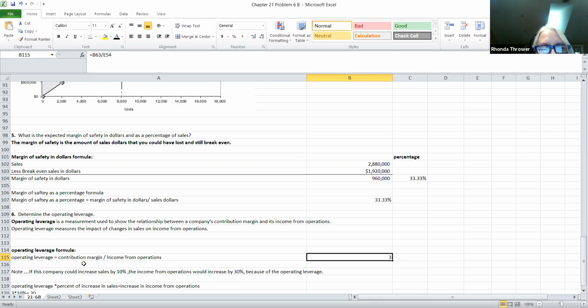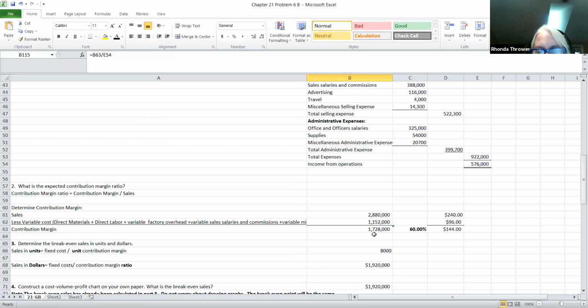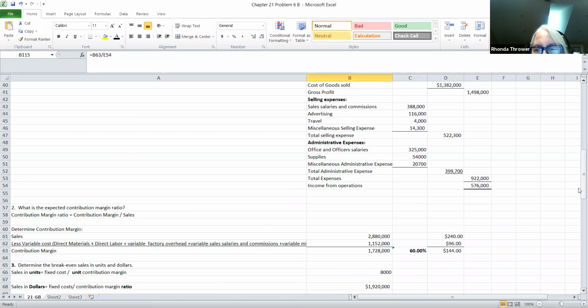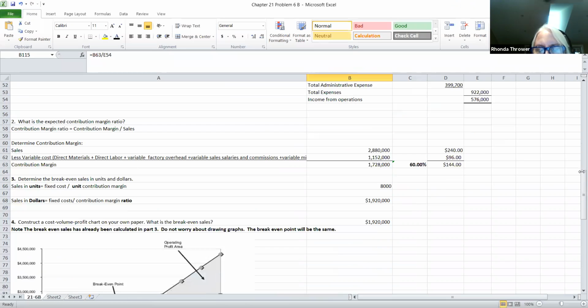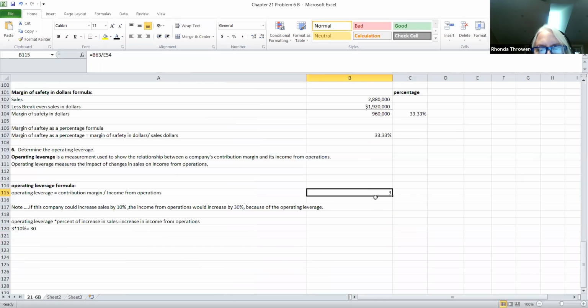We're going to take the contribution margin, which I found right here, 1,728,000, and we're going to divide it by the income from operations, which was in that income statement that we prepared earlier. So the contribution margin divided by the income from operations will give you what we call operating leverage.